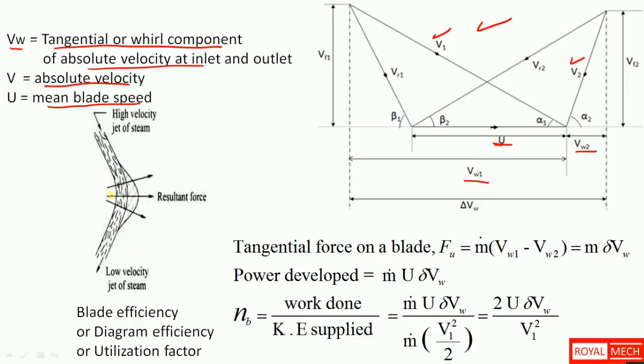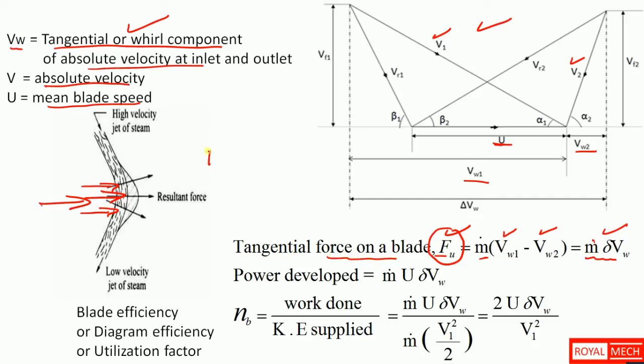The tangential force is written as Fu equal to m dot, that is mass flow rate in kg per second, into Vw1, the tangential velocity at inlet, minus Vw2, that is m dot into delta Vw. So the tangential force Fu is equal to m dot into delta Vw.